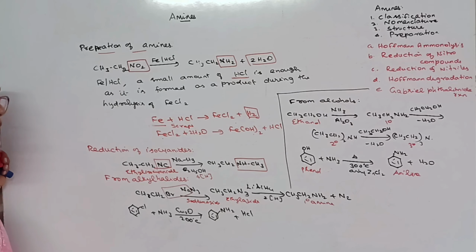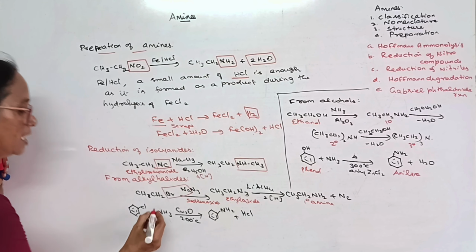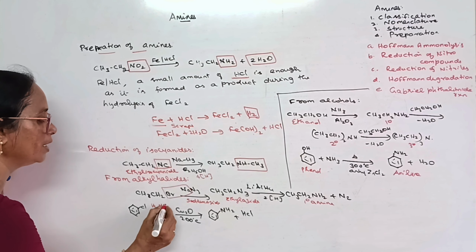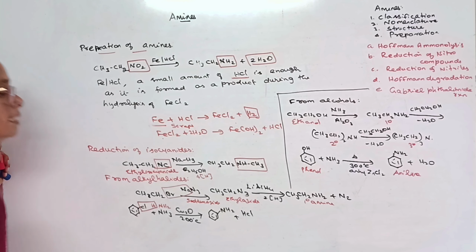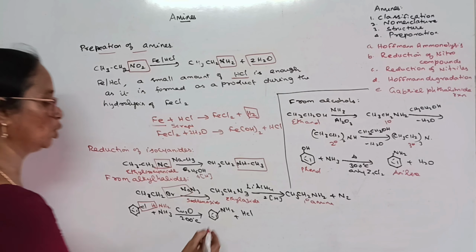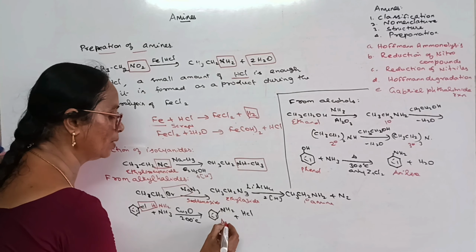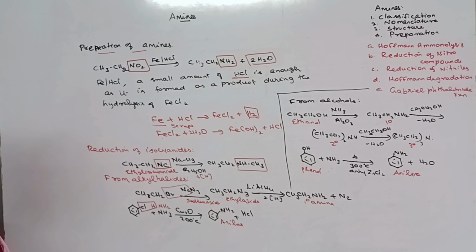Suppose you have chlorobenzene. Chlorobenzene can also be treated with ammonia, written as HNH2, in the presence of copper(I) oxide at 200 degrees Celsius. The halogen atom is replaced by the NH2 group as a nucleophile, so we prepare aniline. So the reaction conditions are very important when you convert an aromatic compound into an amine.